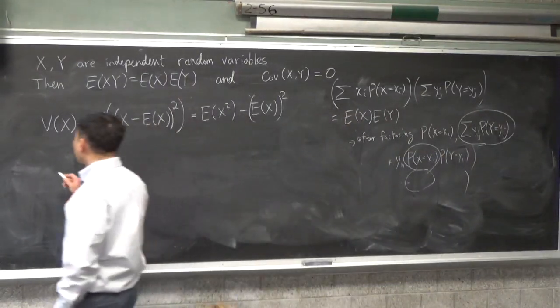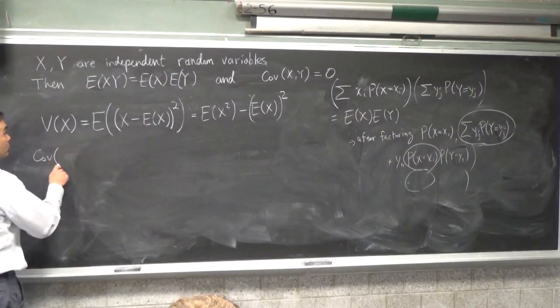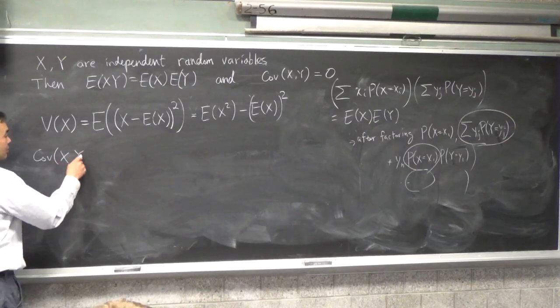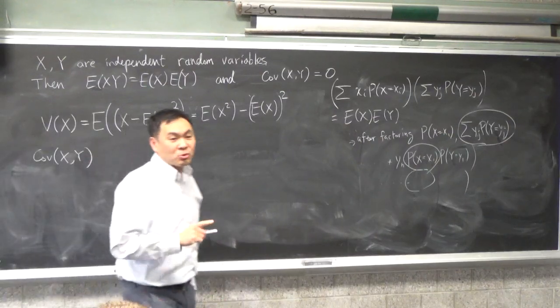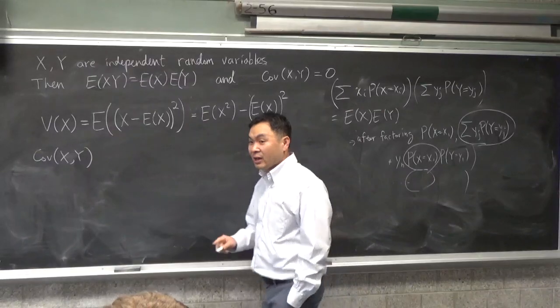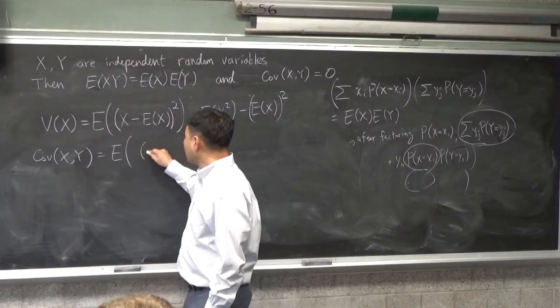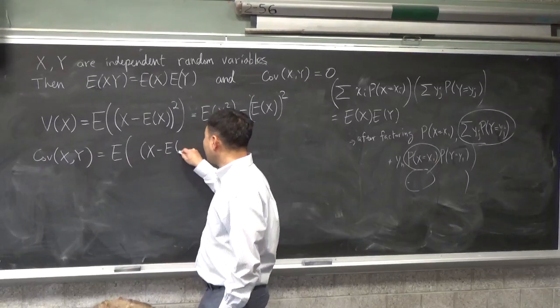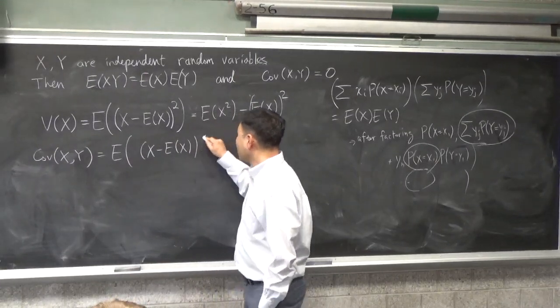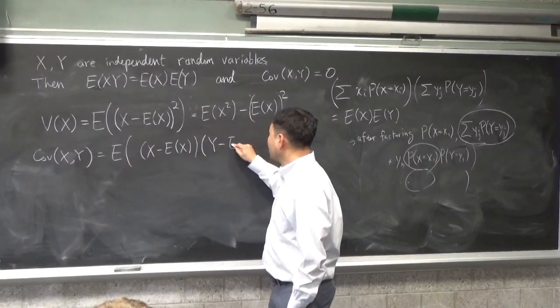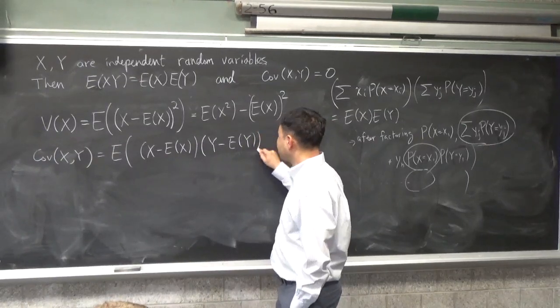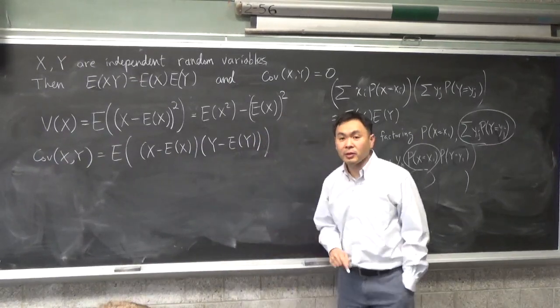But now, what is covariance? Well, covariance measures how likely two random variables behave. So what it does is, this is E of (X minus E of X) times (Y minus E of Y). Okay?